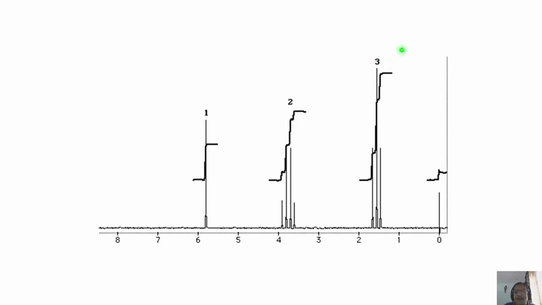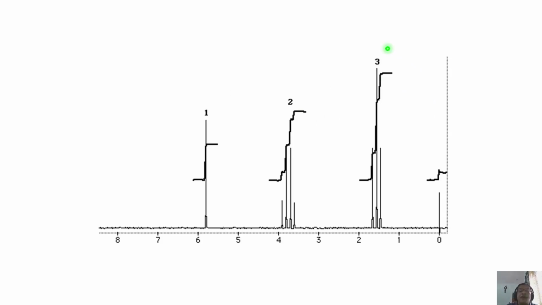The intensity also tells me something; these are the integral intensity values. This intensity is 1, 2, and 3. This also tells me the number of protons present in this group is 1, in this group is 2, and in this group is 3. Am I right? It is true. But I am not saying it is the absolute number.